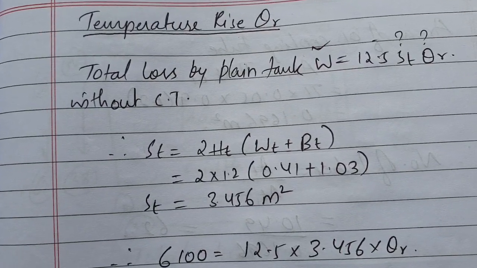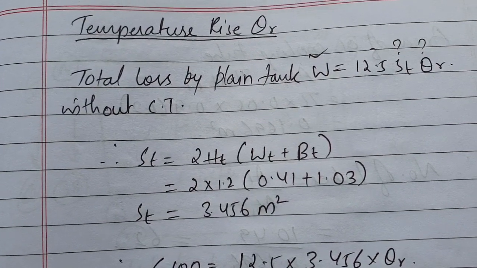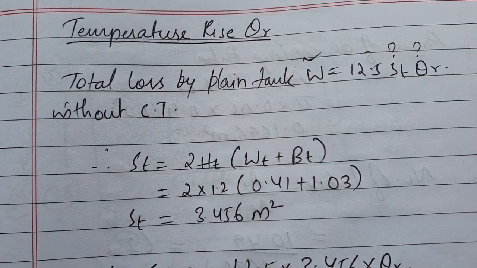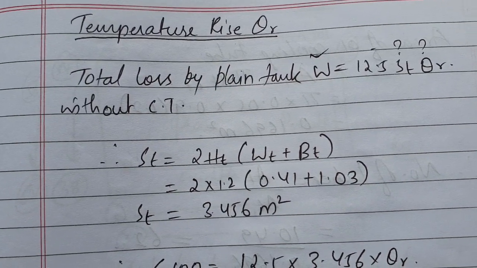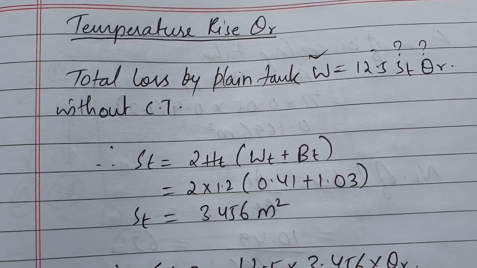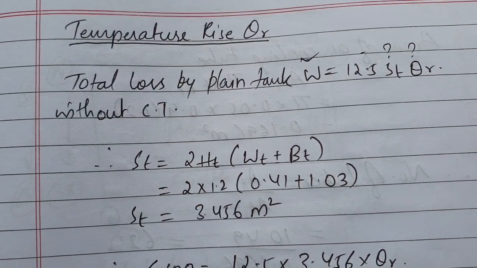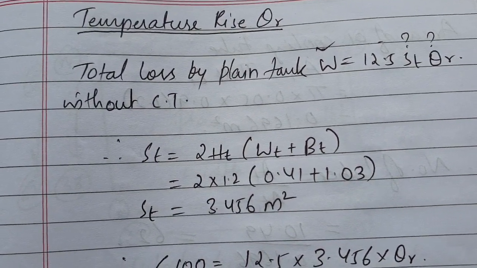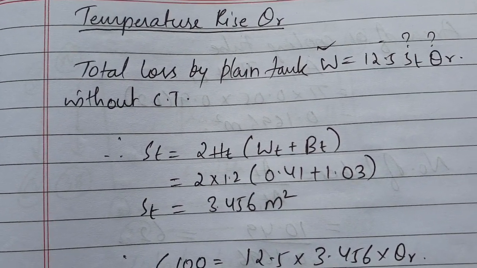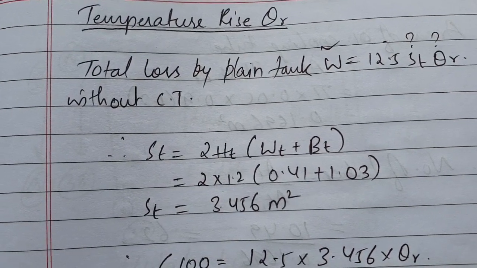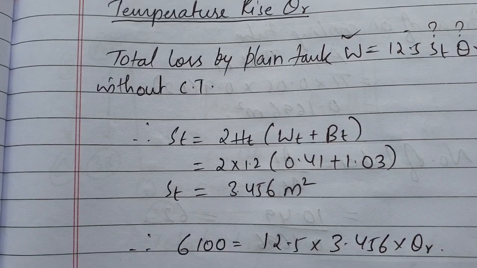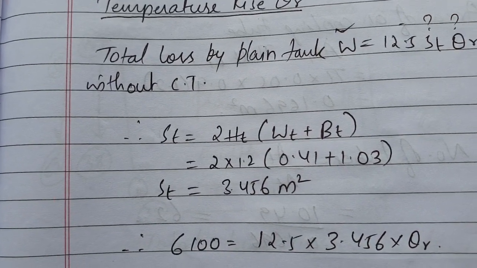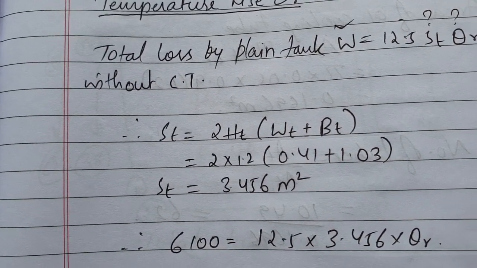The next step in this kind of numericals is to find out the temperature rise theta R, and this can be calculated as W is equal to 12.5 St theta R. In this we know W value, we don't know St, we don't know theta R. First let us calculate St. We know that St is equal to 2 into HT into the bracket WT plus BT.